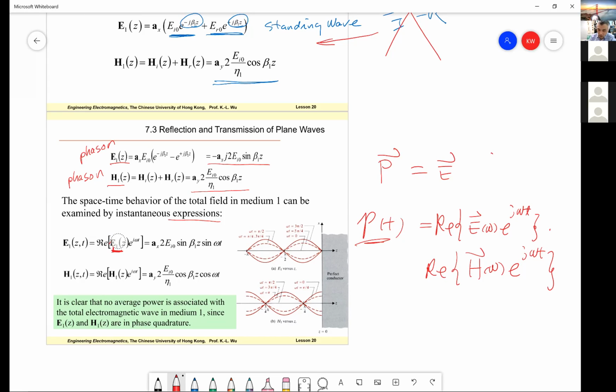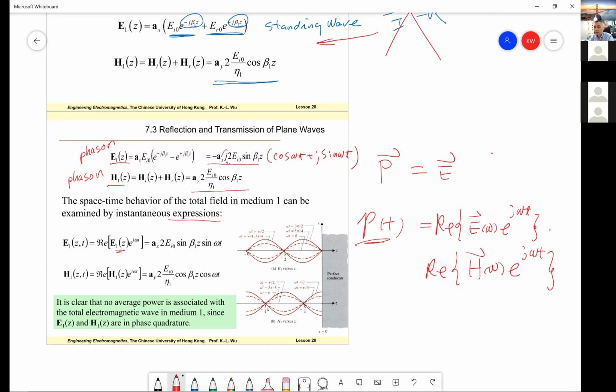Now let's convert the electrical field into its instantaneous expression, which is straightforward. We have this magnitude, and don't forget, because we have a j, once we multiply this quantity by e^(j omega t), this is cosine omega t plus j sine omega t.